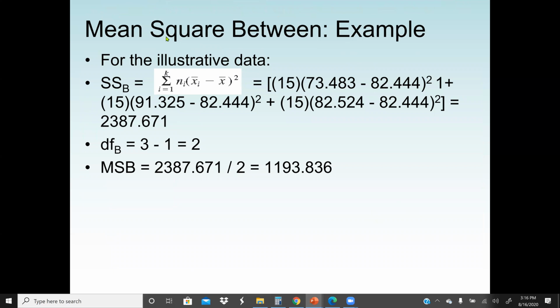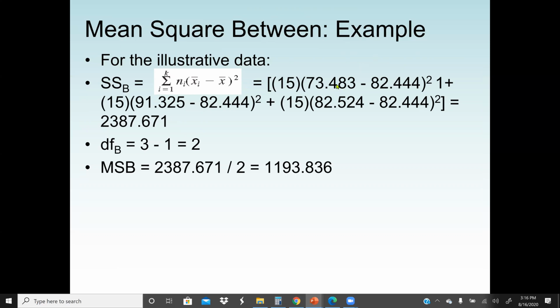So the mean square between example is given here. How can we find it? Again, we are using the same data set for the pets, friend, no pets, no friend. So our K will be 3 groups. We know the mean, and the sample size is 15.